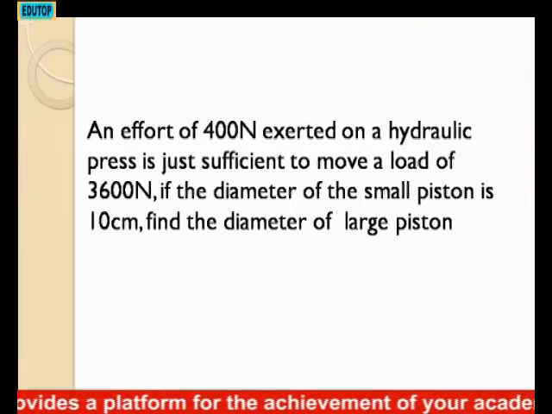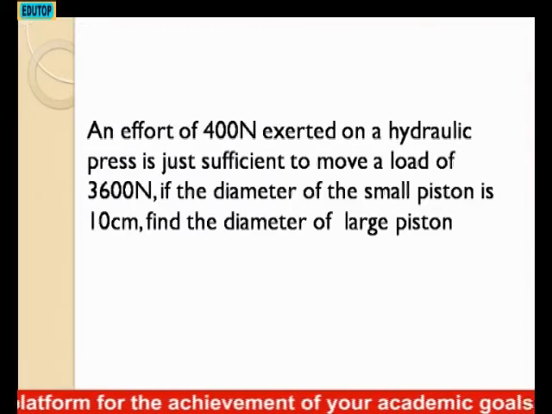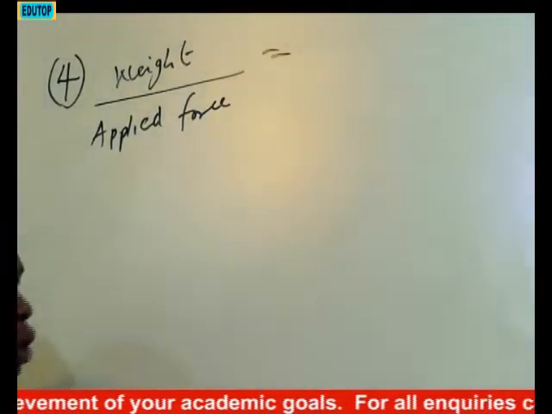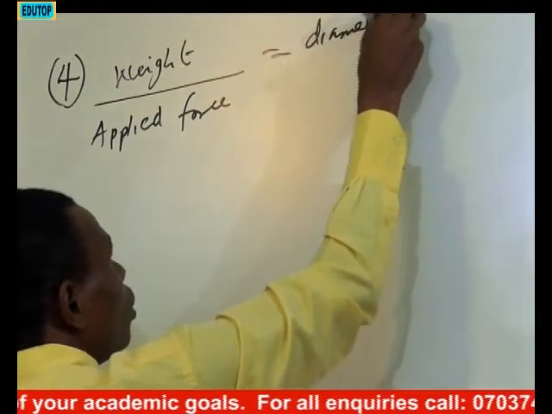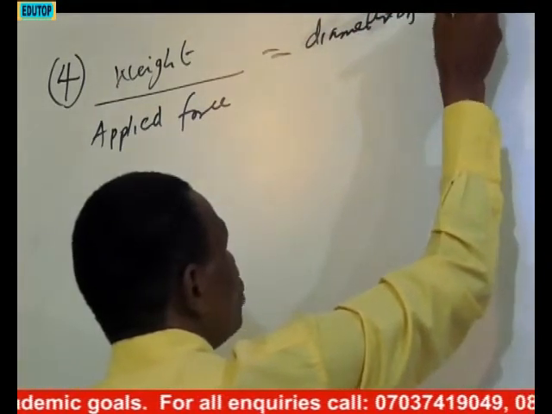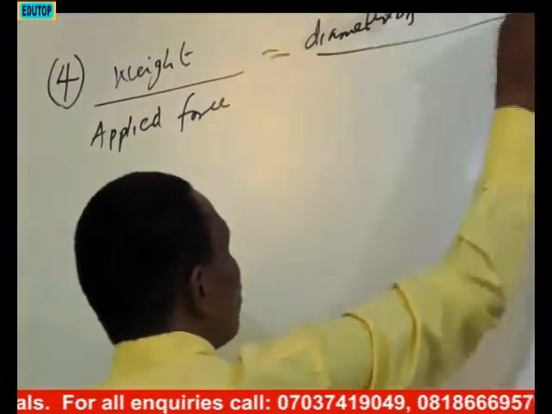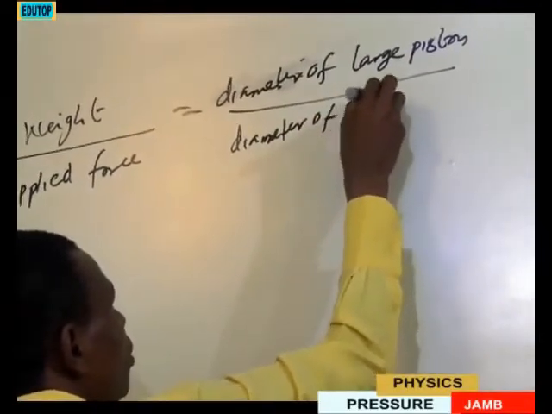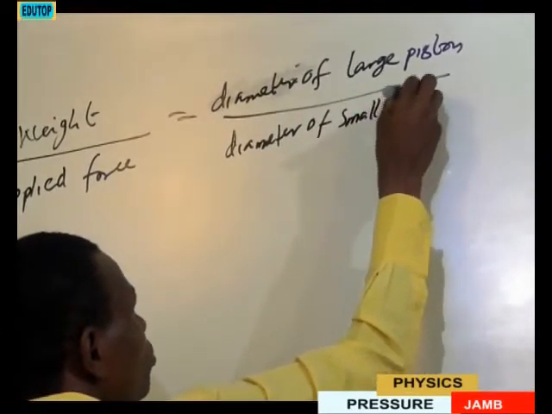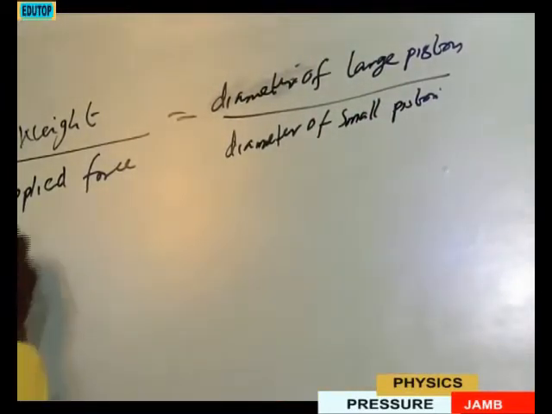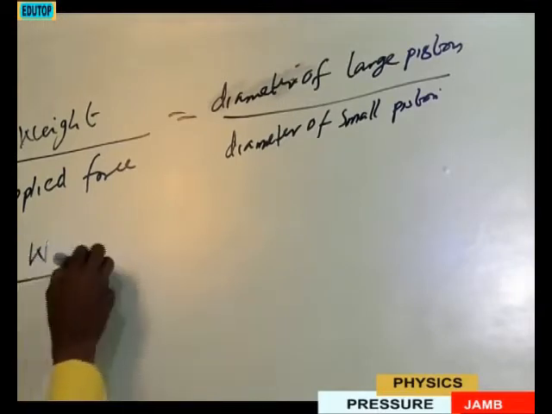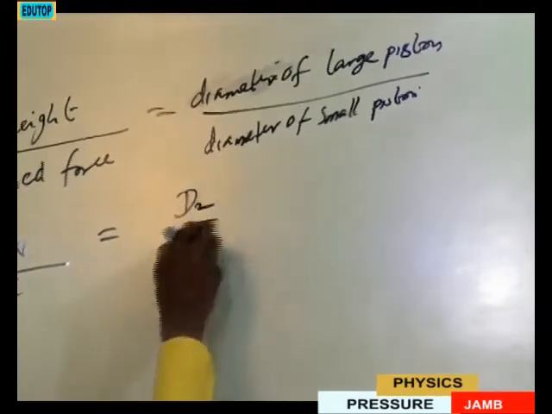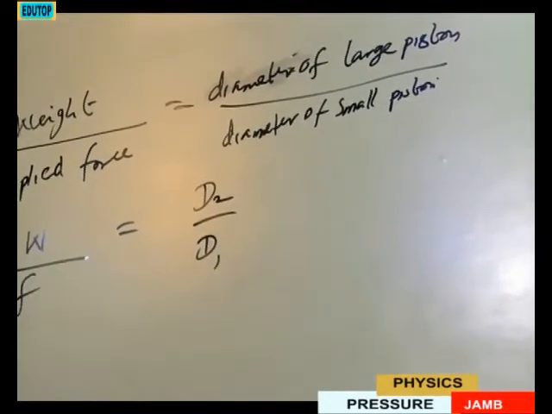The effort applied here can be taken as the applied force, which is equal to the diameter of the large piston divided by the diameter of the small piston. This can be written as weights over the applied force equals D2 over D1. Let's take it like that.